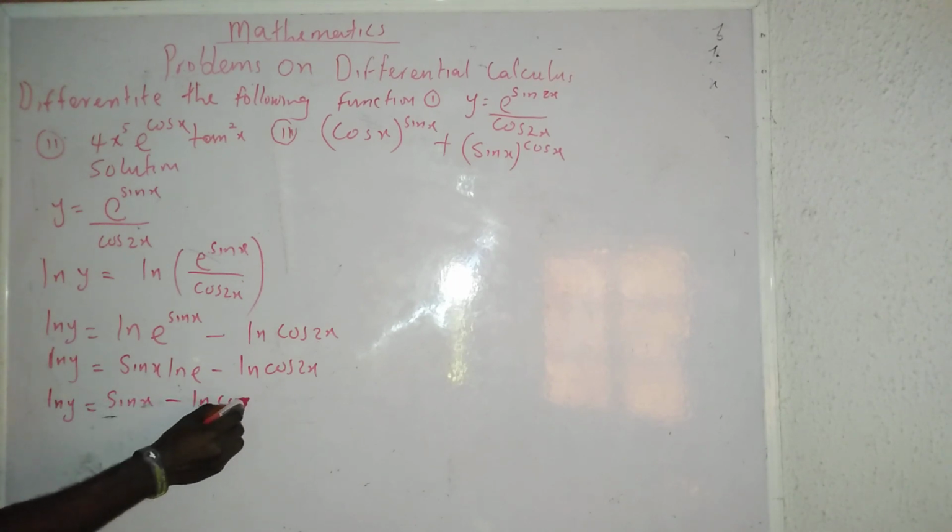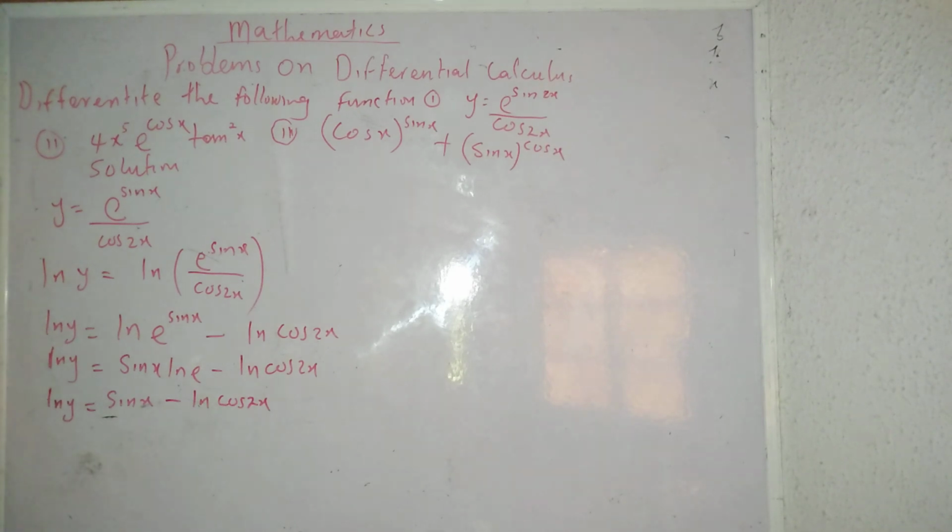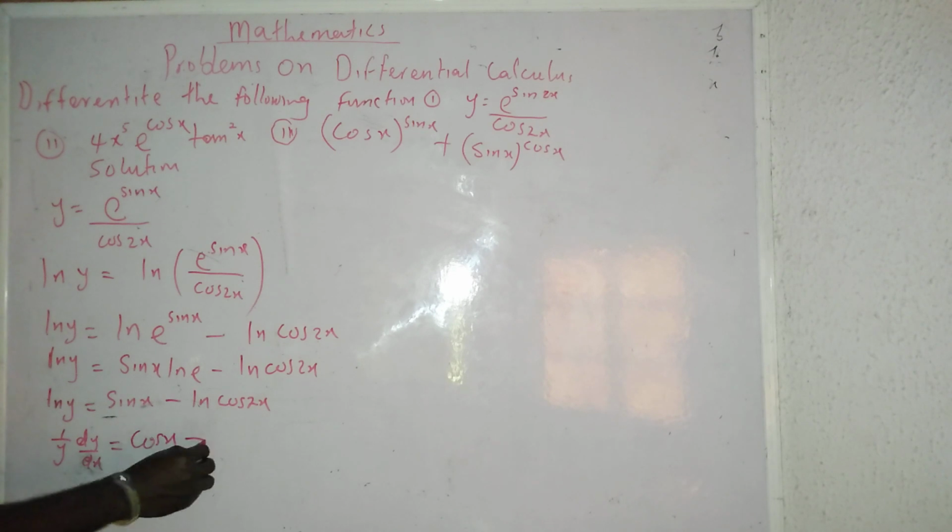Now, how do I solve this? If I want to differentiate this, y is an independent function, so differentiating ln y gives 1 all over y, attached with dy dx. This one gives cos x minus. If I differentiate this, it is a function of a function.